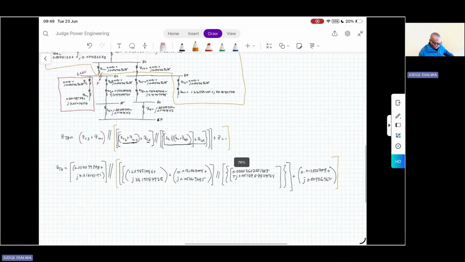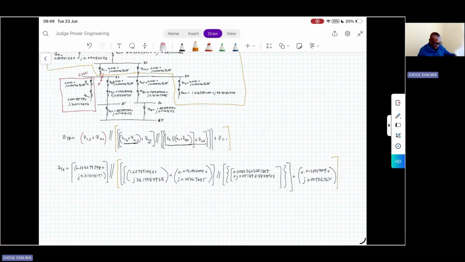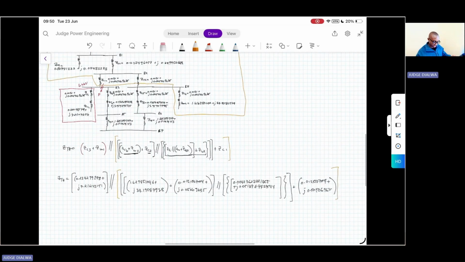Because like I said, the orange part is in parallel with the series combination of cable 3 and motor 1, or feed motor pump. So this is how it should be. Okay.